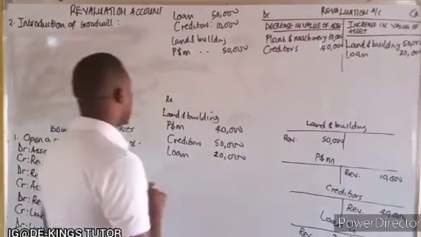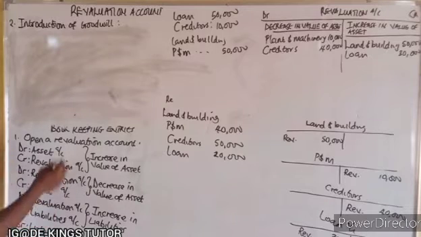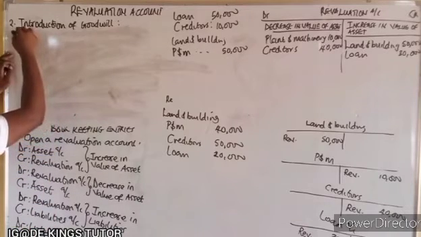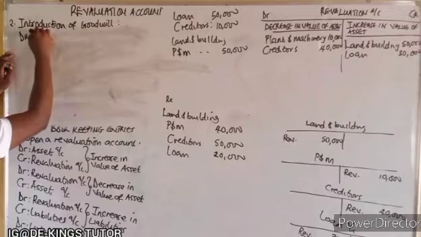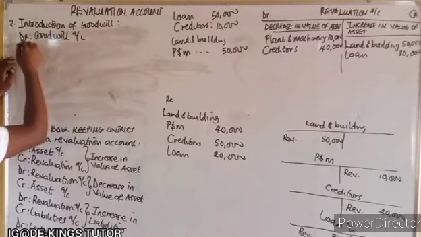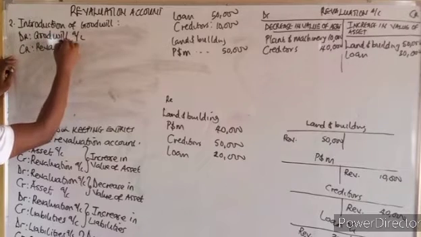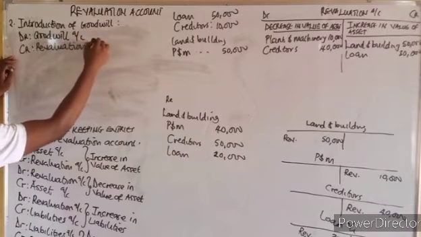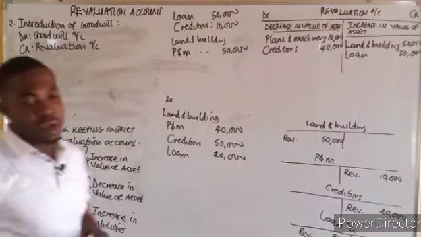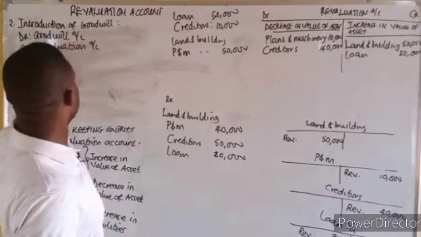So in this situation, when there's introduction of goodwill, we have to debit the goodwill account and credit the revaluation account. Okay, when there's introduction of goodwill, you debit the goodwill account and you credit the revaluation account.